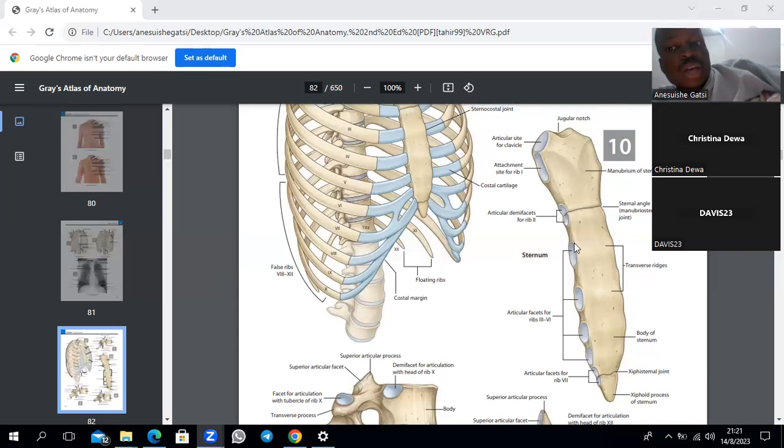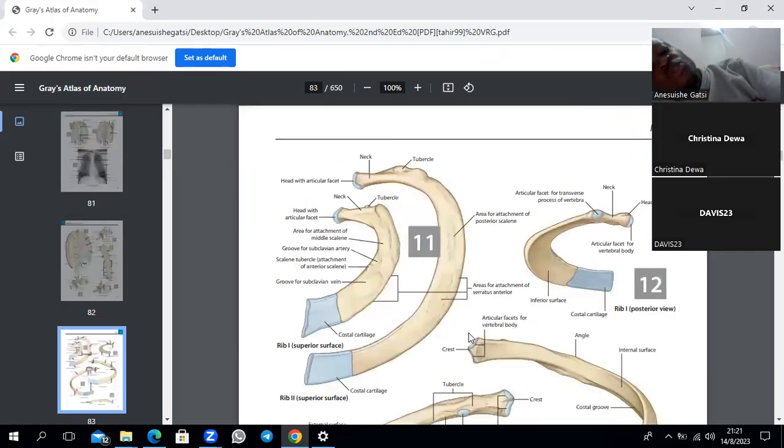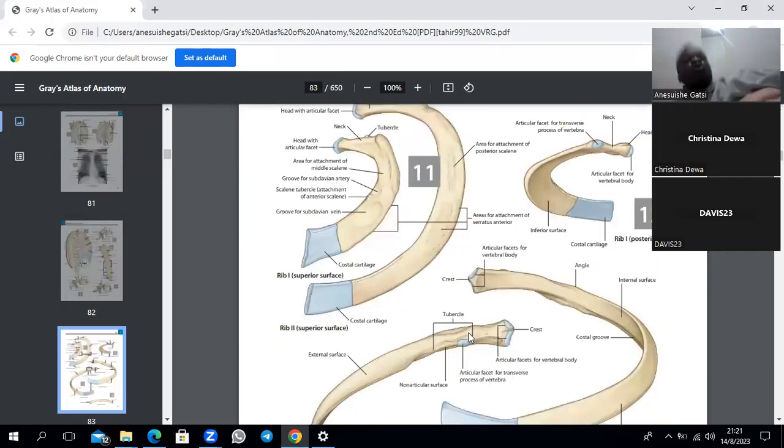Okay, so that's your sternum. Then you have 12 ribs. There are two classifications of ribs. There's an easy one where you simply classify your ribs into true, false, and floating.